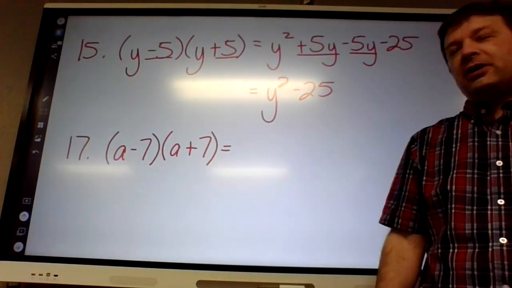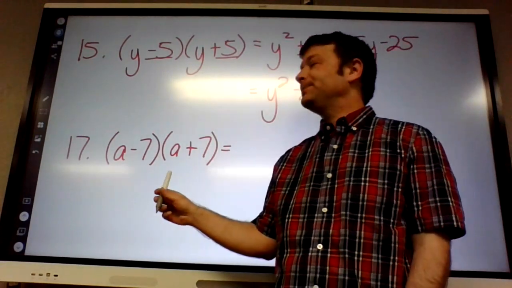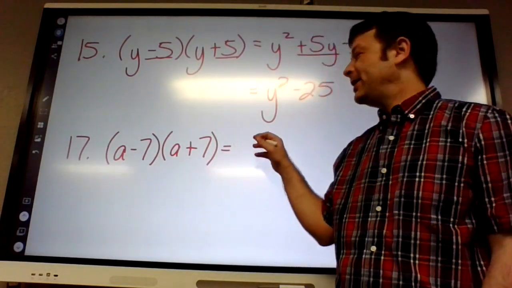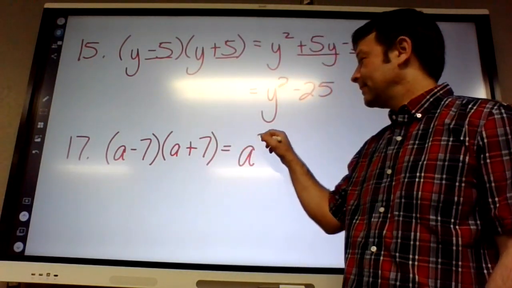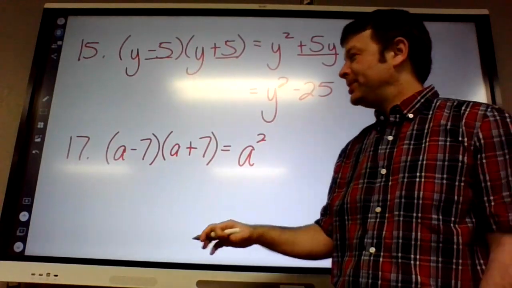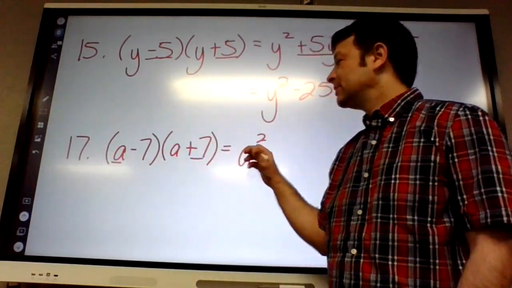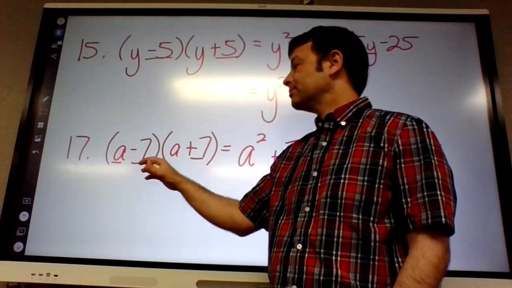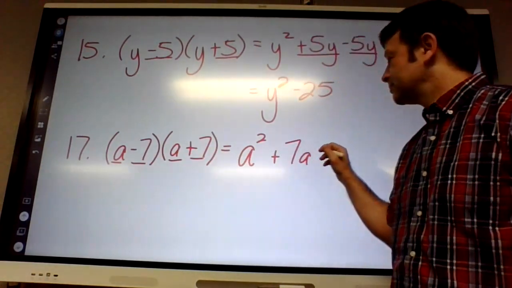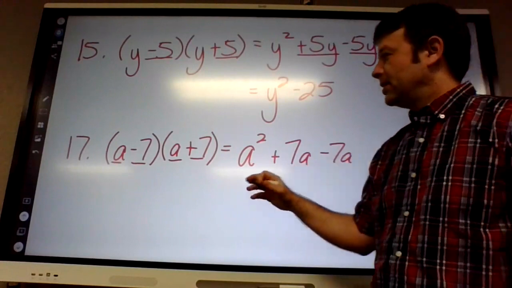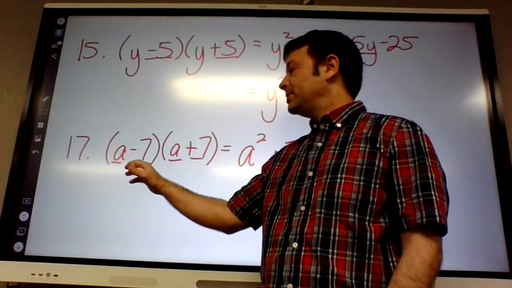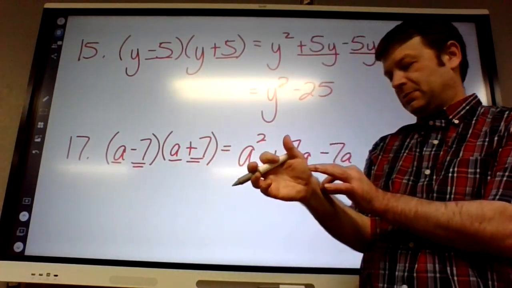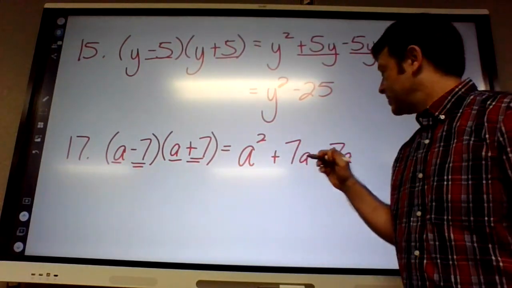Jaden, what's first going to be? All right. A squared. What's the outside going to be? What's the inside going to be? Minus. And then what's the last going to be? Minus 49.